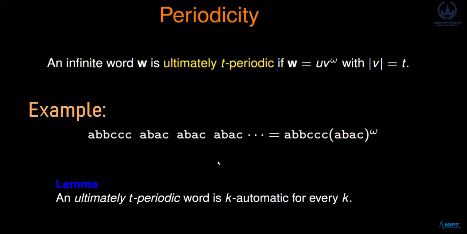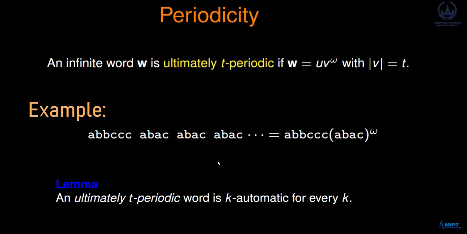So we have one lemma. A key result is that an ultimately T-periodic word is k-automatic for every k. This lemma shows that if a sequence is ultimately periodic, it can be generated by a k-automatic process for any base k.